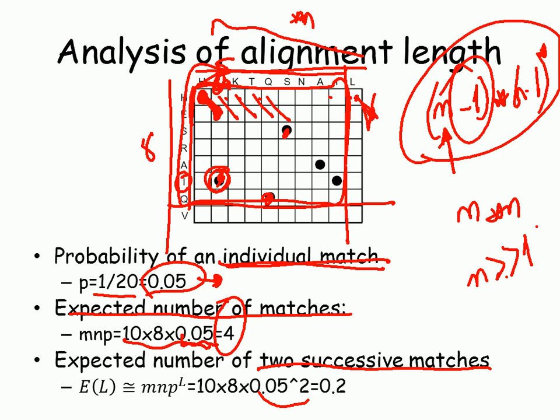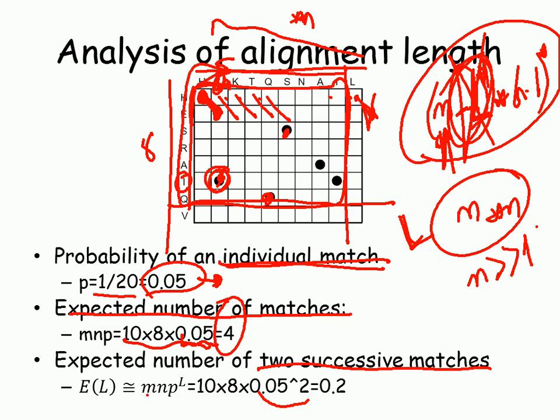And in the general case, if I'm looking at L successive matches, I need to replace that 1 with m minus L plus 1. And again, minus L plus 1 is going to be a very small number compared to m, so I can just drop it.